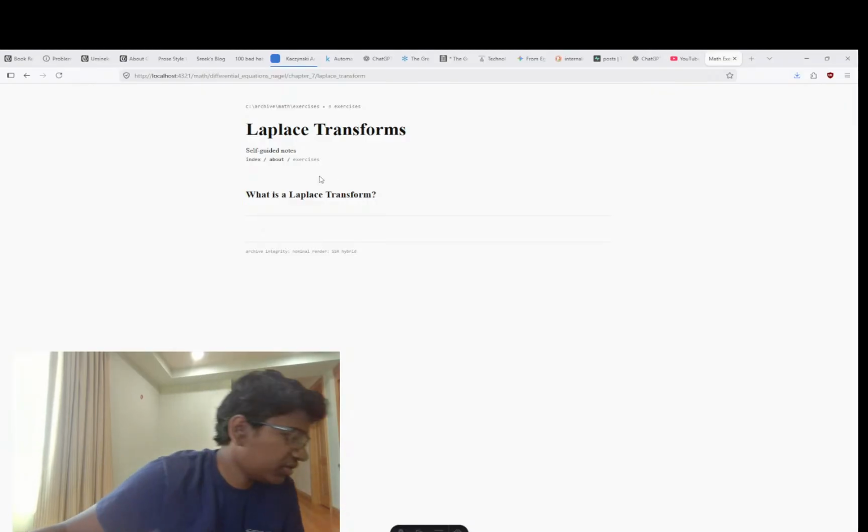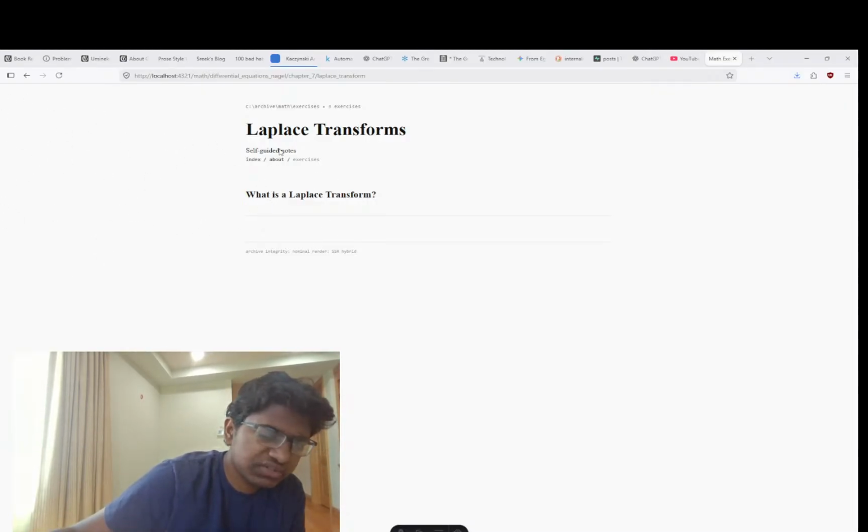I'm looking up, trying to figure out where exactly this Laplace transform function even comes from.